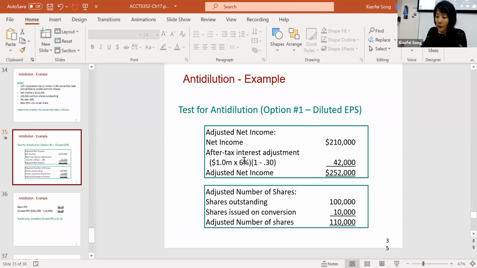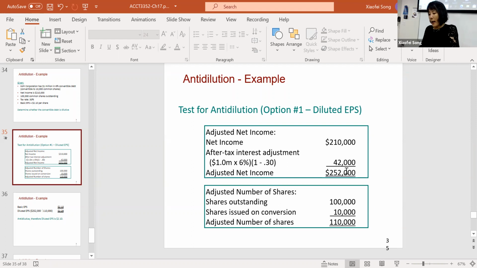That will save the company 6% interest, adjusted for income tax, which means $42,000 of after-tax interest would be avoided. So the earnings will become $252,000.